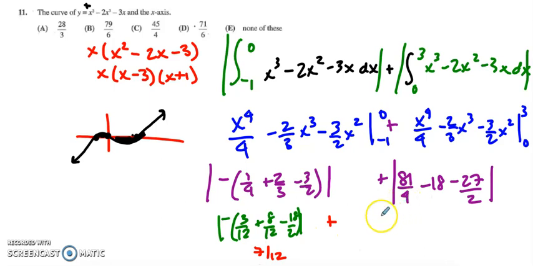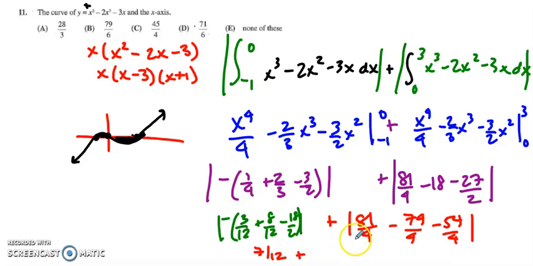Now over here, with 4 as my common denominator, I'll have 81 over 4 minus 74 over 4 minus 54 over 4. So 81 minus 74 is 7, minus 54 is -47 over 4. But remember, we have the absolute value, so it's positive 47 over 4.